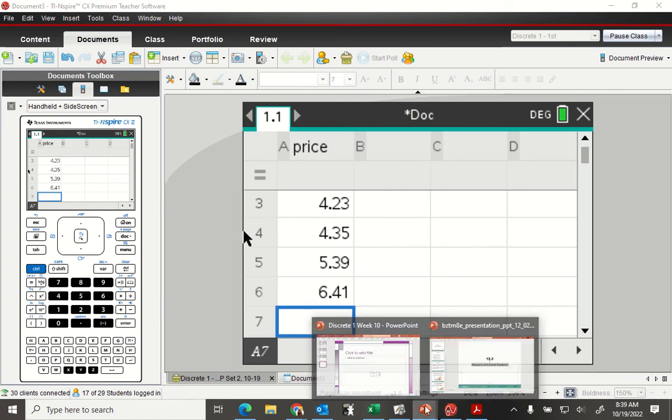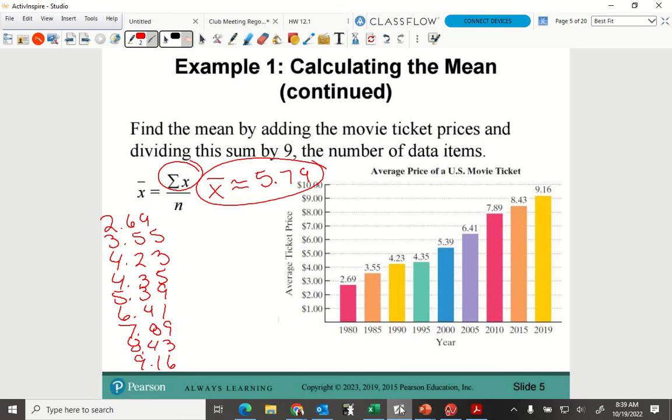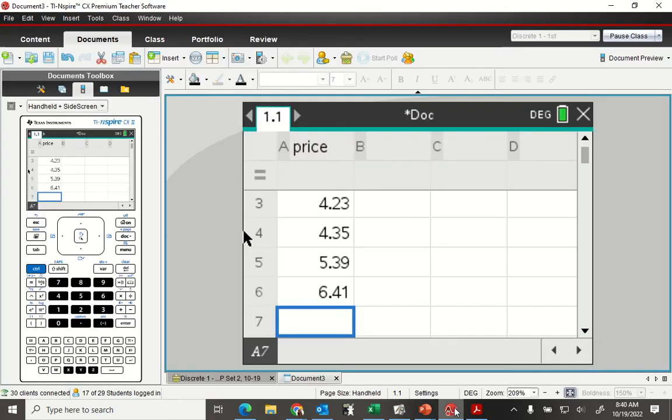I need to go back to my page. Okay. 894316. So 7.89. 8.43, 9.16.